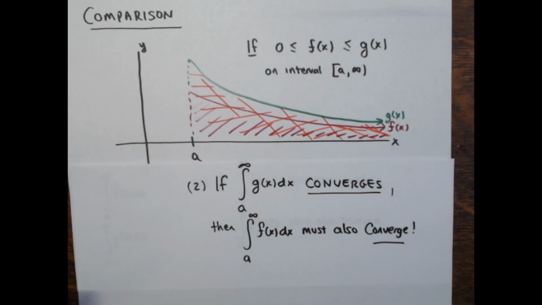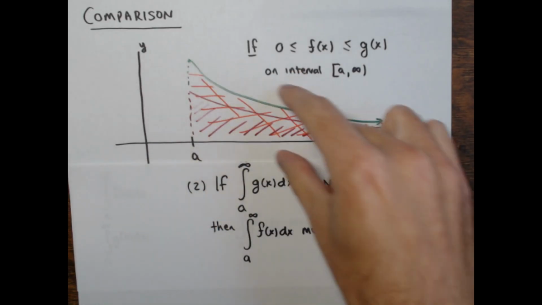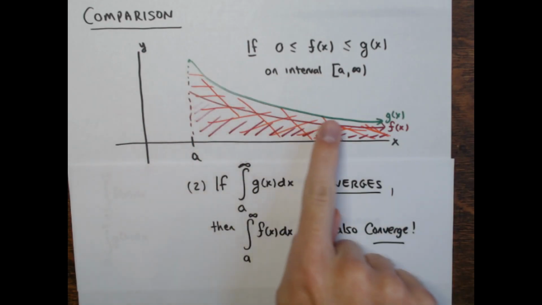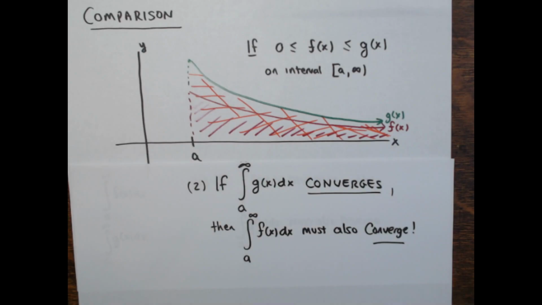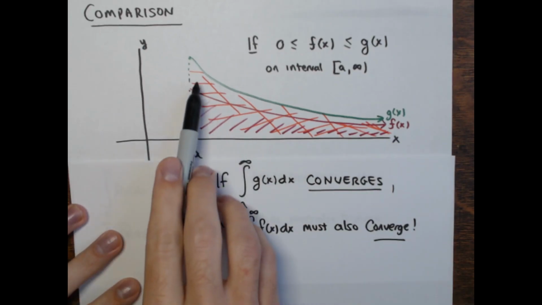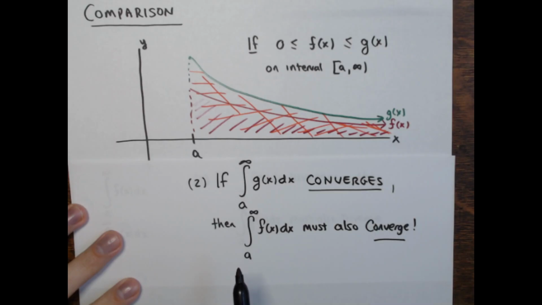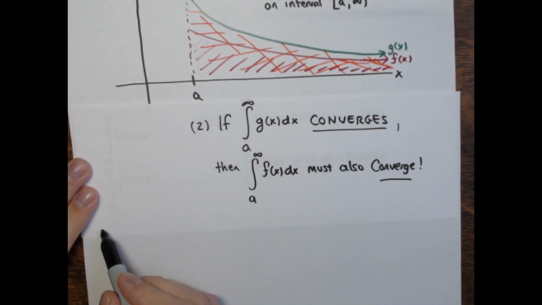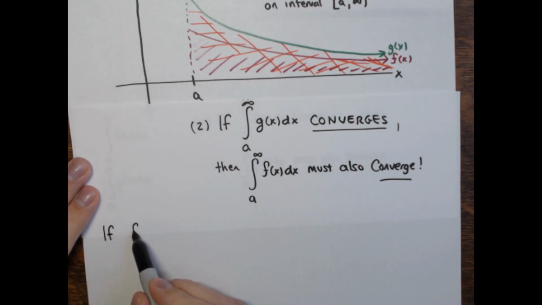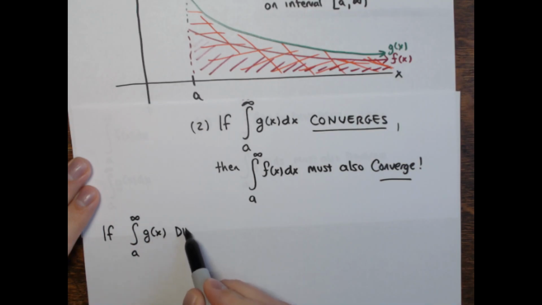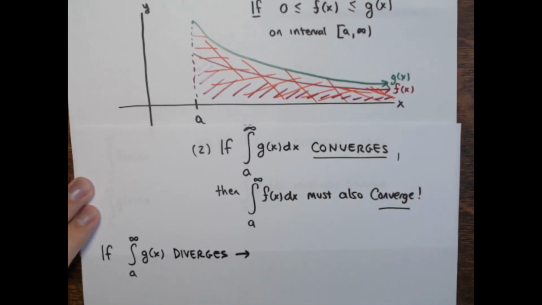All right. Now, there's also the option of inconclusive, where you can't really tell anything, right? We know if the smaller one diverges, the larger one's got to diverge. We know if the larger one converges, the smaller one's got to converge. Well, what if the larger one diverges? If the integral from a to infinity of the larger one, if you know that that's divergent, then you can't tell what's happening with f right away by comparison.